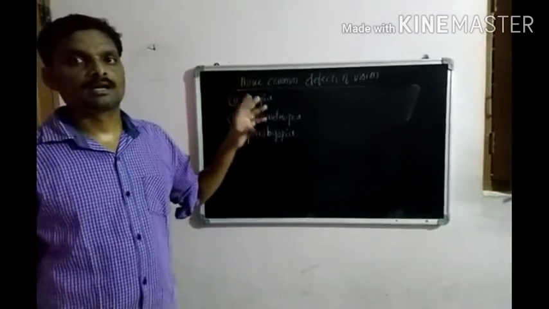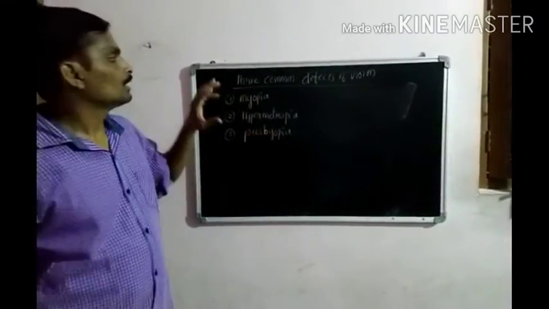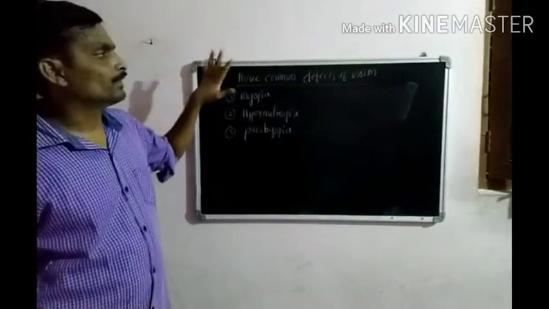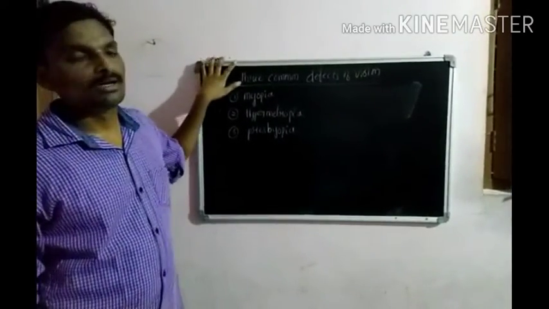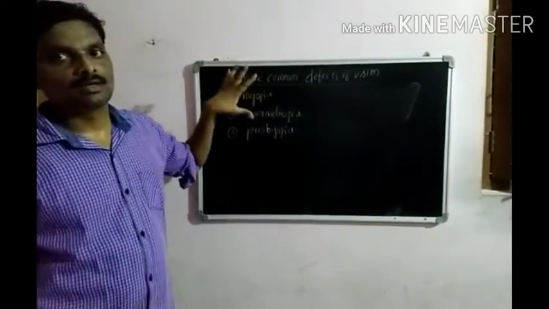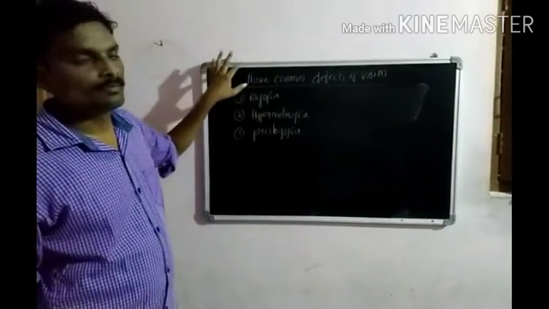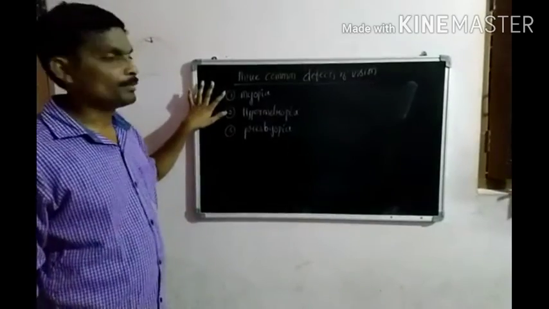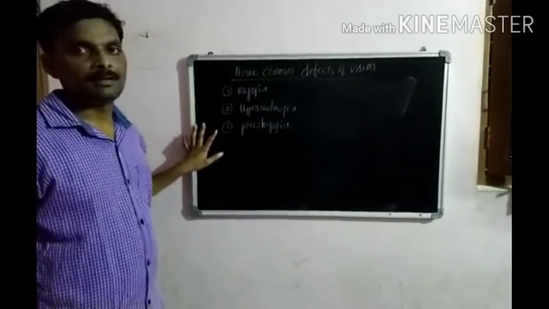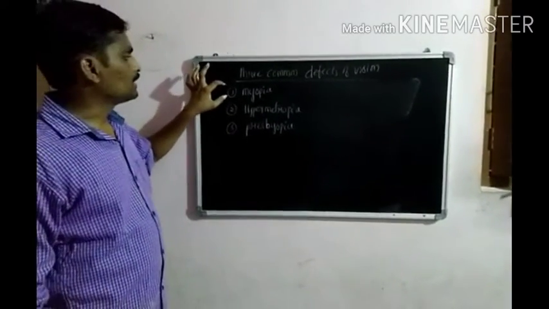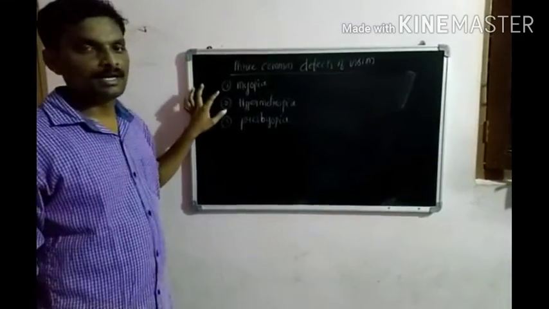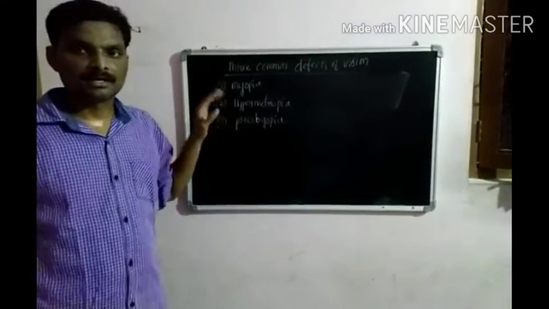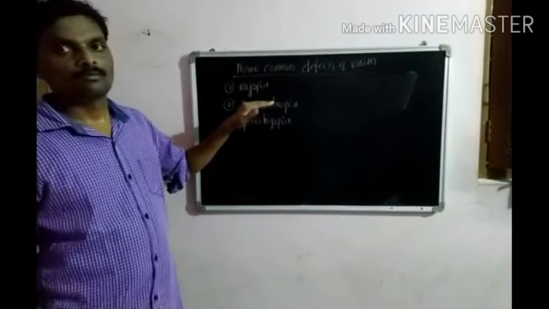If the focal length cannot vary, what happens to our eye? Our eye develops defects. In your 10th class textbook, we mainly observe 3 common defects of vision: myopia, hypermetropia and presbyopia. I will explain these 3 and their correction through one video.